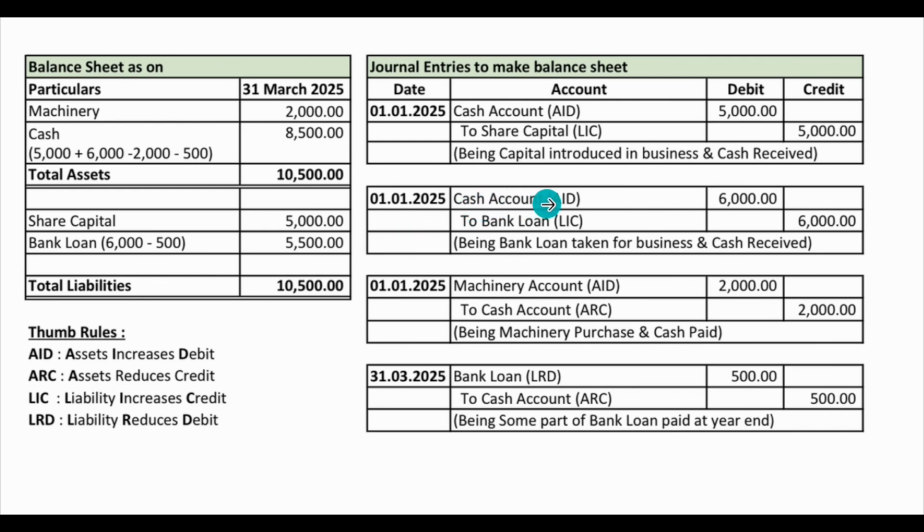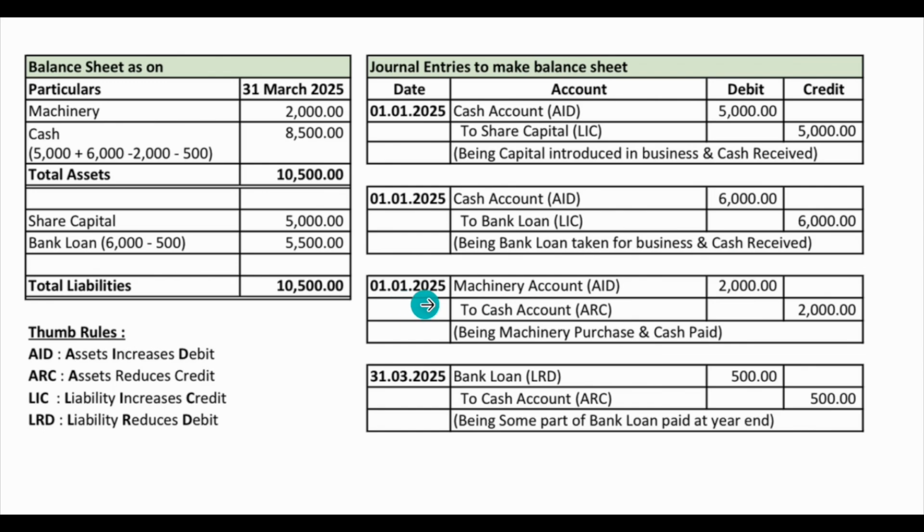Now the cash account will be debited here as the asset, that is cash, is increasing, and cash comes on the balance sheet asset side. So the rule is AID, asset increases debit 6,000, and bank loan appears on the balance sheet liability side. So the rule is LIC, liability increases credit 6,000. So, being bank loan taken for business and cash received.